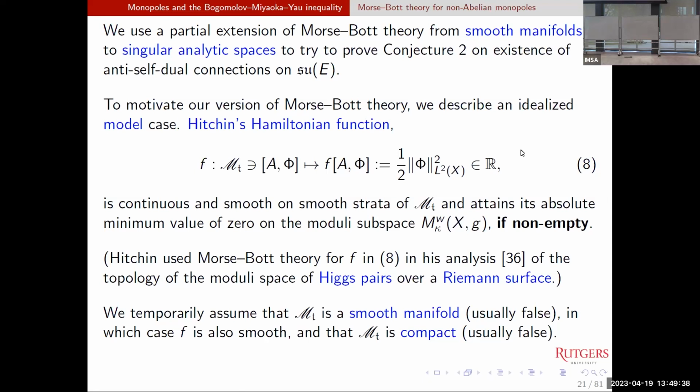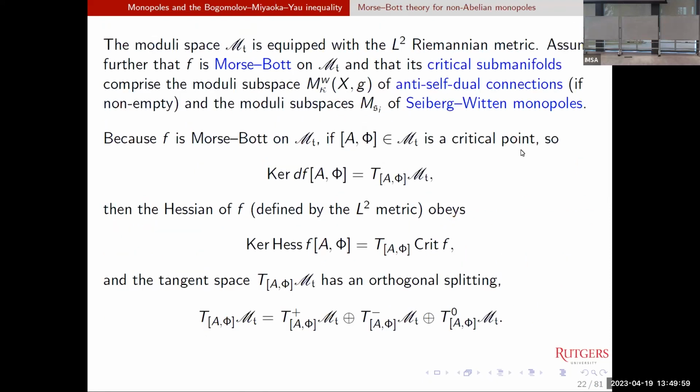So let me give an outline then under very idealized circumstances for how the program works. So we might temporarily assume that the moduli space is not linear, monopoles smooth. You know, it's also attached. These assumptions are taken. And that this candidate Morse function F is actually a reasonable Morse-Bott function with critical manifolds corresponding to the moduli subspaces. You can actually do the Morse theory.